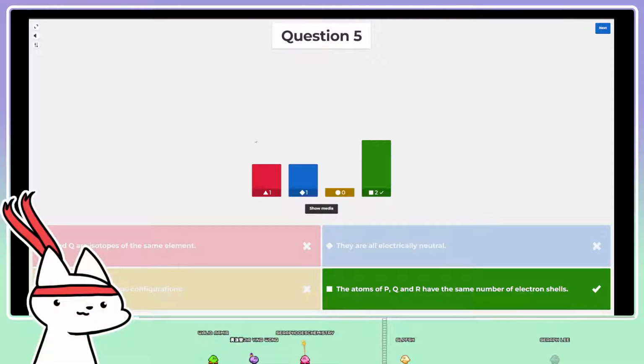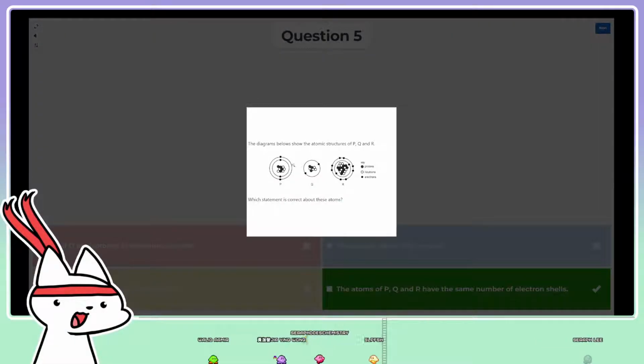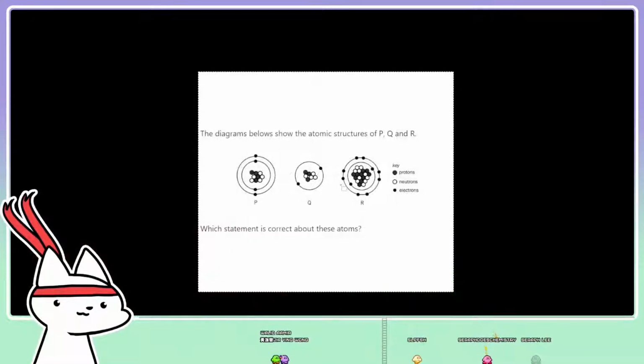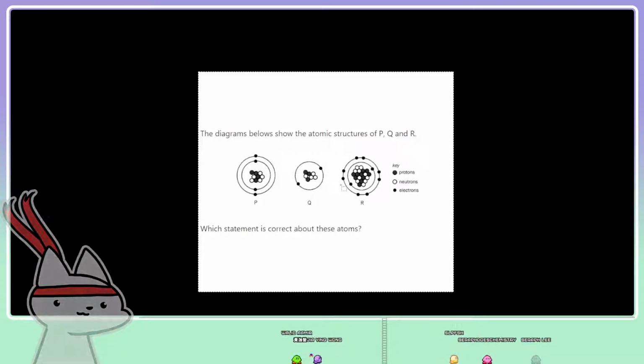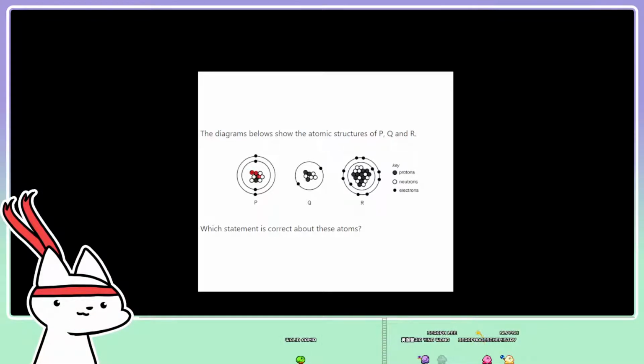Okay, so in this case, the difficult part lies in that, if you look at this question as a whole, you have to determine what is an atom and what is an ion. So let's try to mark it. For P, you have 1, 2, 3, 4 protons. However, you have 1, 2, 3, 4 electrons. So this is considered an atom.